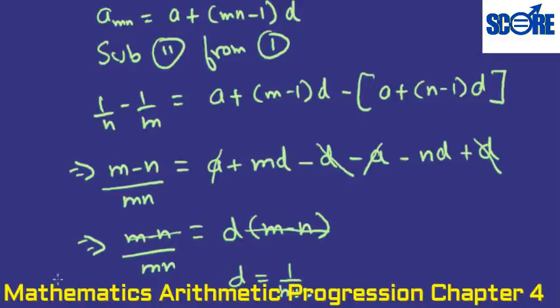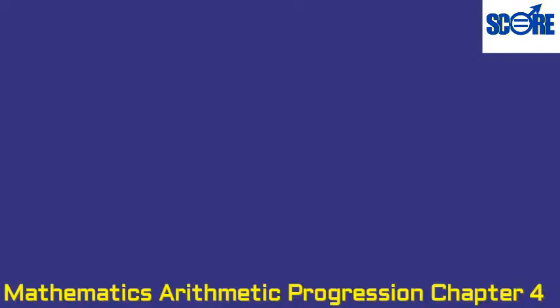So now, as we have got the value of d, we have to put the value of d in any of these equations. Let's say we can put the value of d in the first equation, and find out the value of a from that. So what was the first equation? The first equation was a plus m minus 1 d is equal to 1 by n.